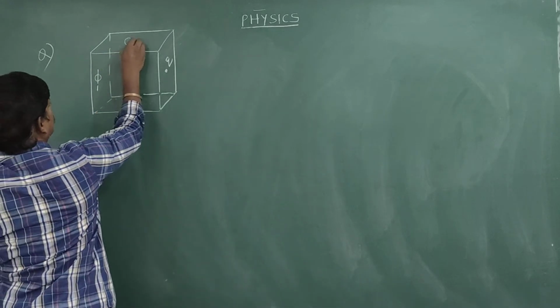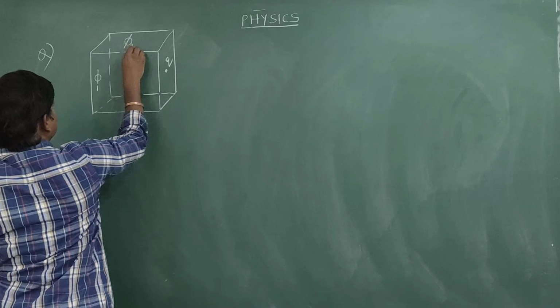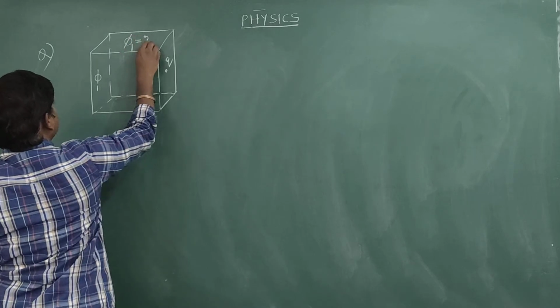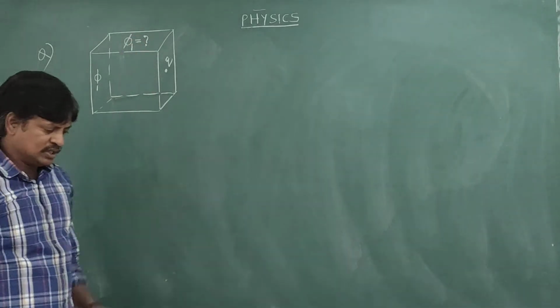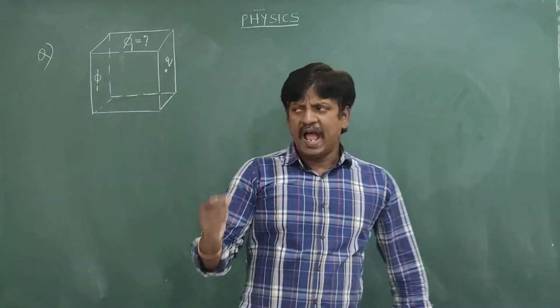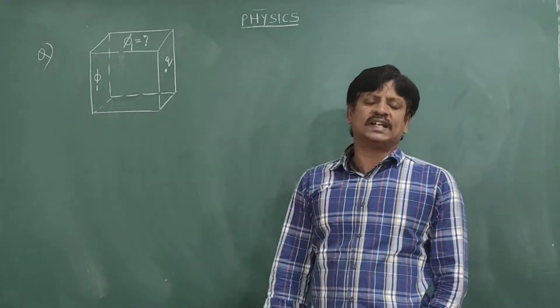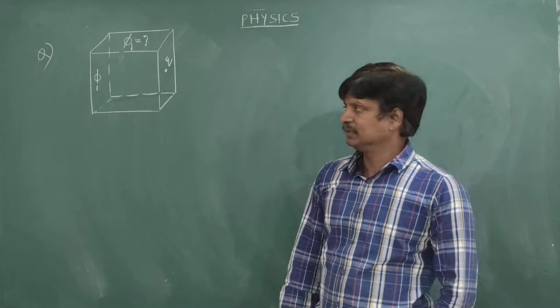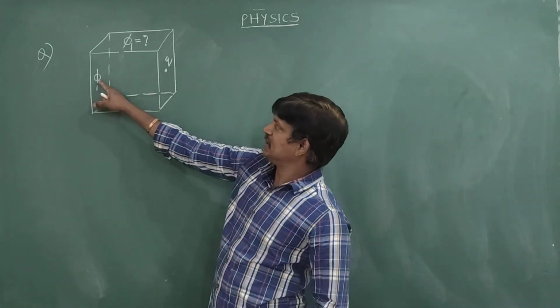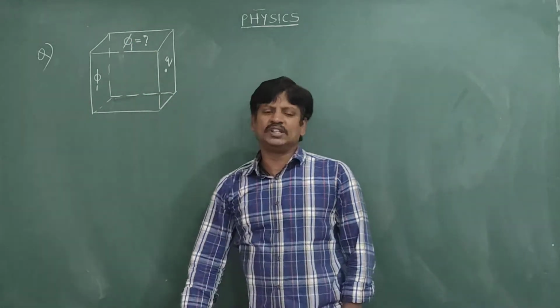Find the flux through this face. Phi 1 is equal to how much? So there is a cube and there is one charge at the center of one face of the cube. The flux through this face is phi. Find the flux through this face.